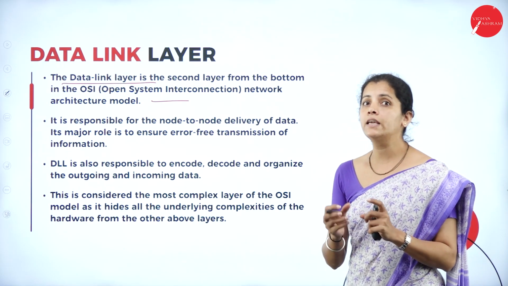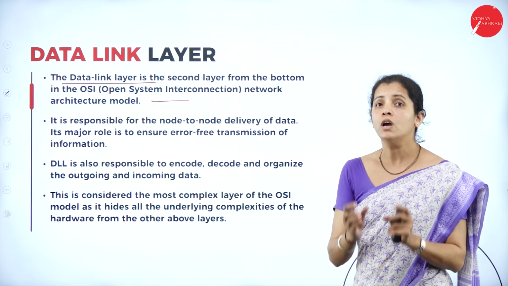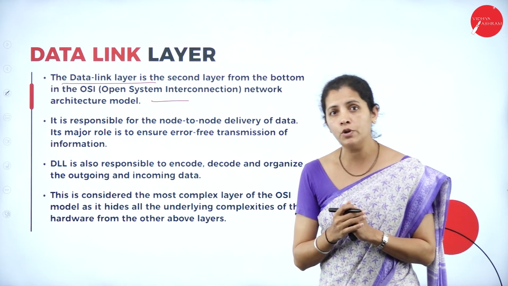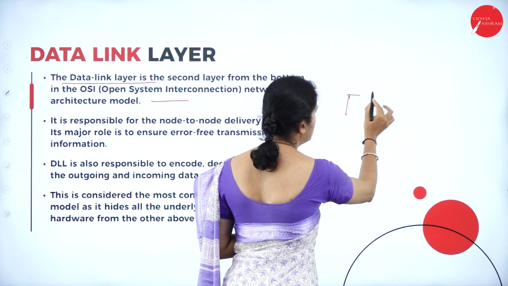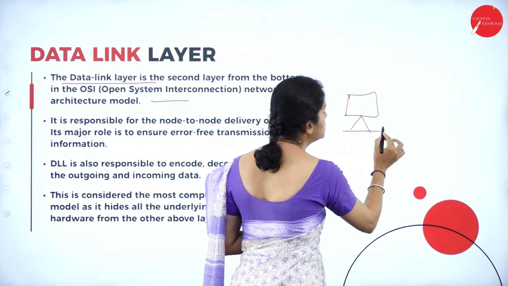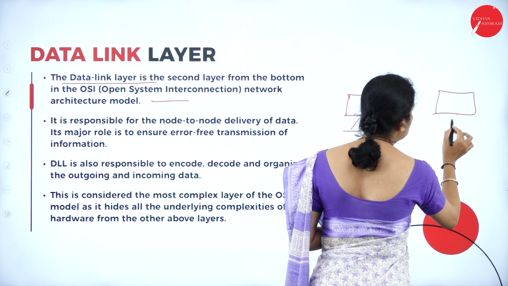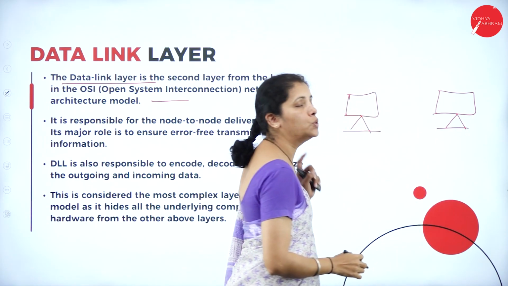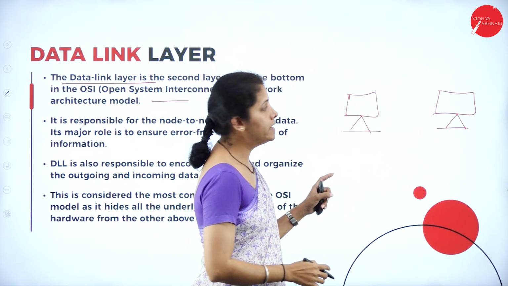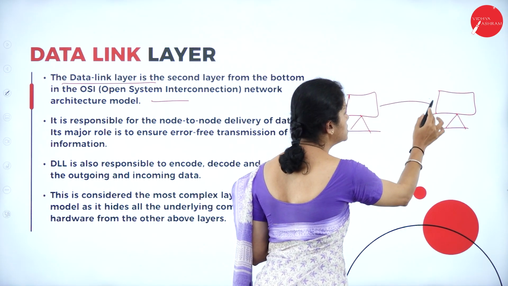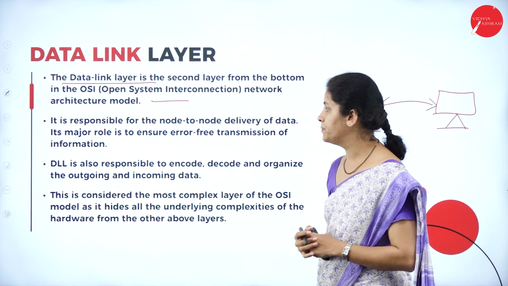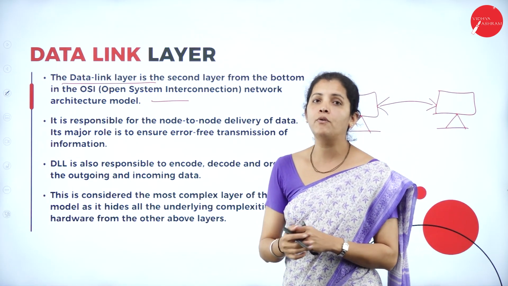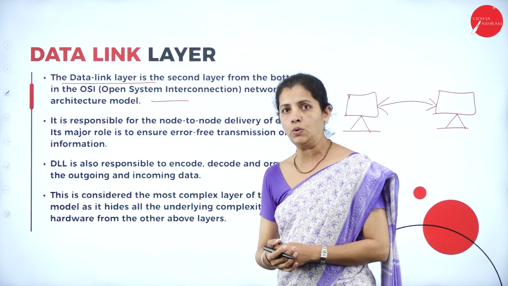And this link layer is responsible for node to node communication or connection. So what is a node here? That is nothing but two systems or two computer devices or two entities, and the data link layer is responsible for node to node communication, and it's also responsible for encoding and decoding.